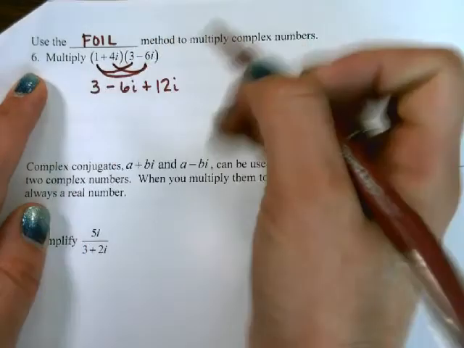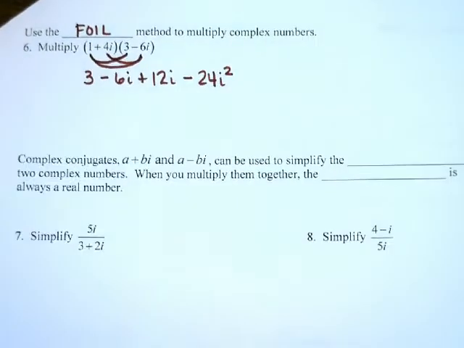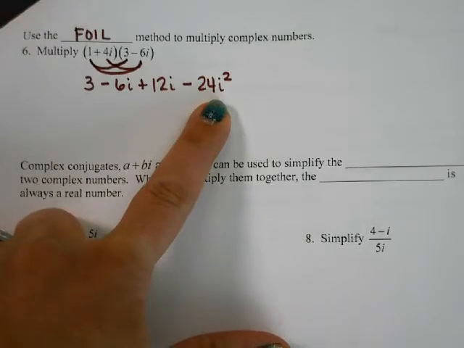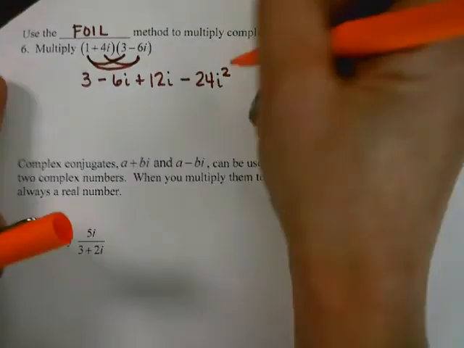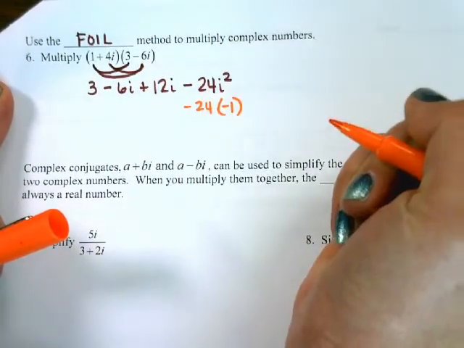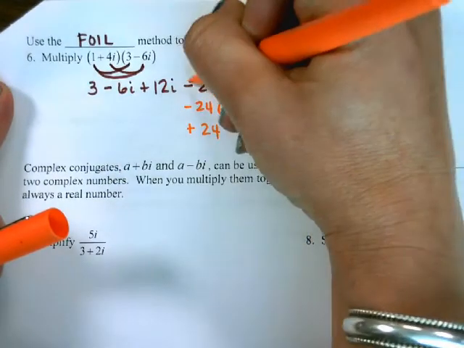And 4i times a negative 6i gives me a negative 24i squared. We know i squared is negative 1. So he becomes negative 24 times a negative 1, or essentially, positive 24. So if you want, you can cross off the i squared and just flip the sign.